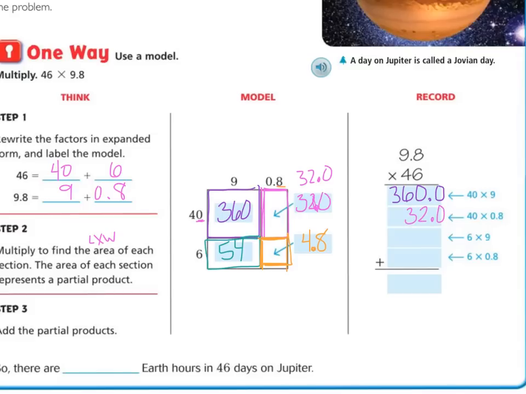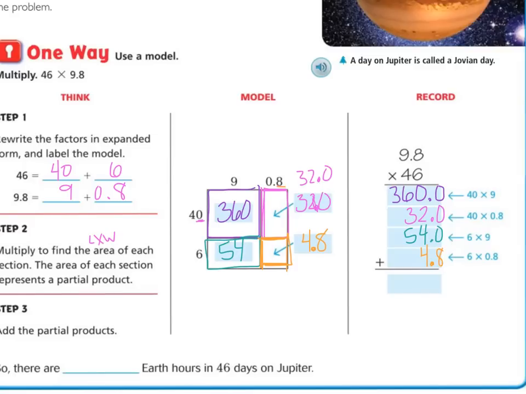And then 6 times 9 was 54. And that one did not have anything, so I need to make sure I have a decimal with a 0 to stay lined up. And then my last one is 6 times 8 tenths, which was 4 and 8 tenths. So 4, lining up my decimal, and 8 tenths.